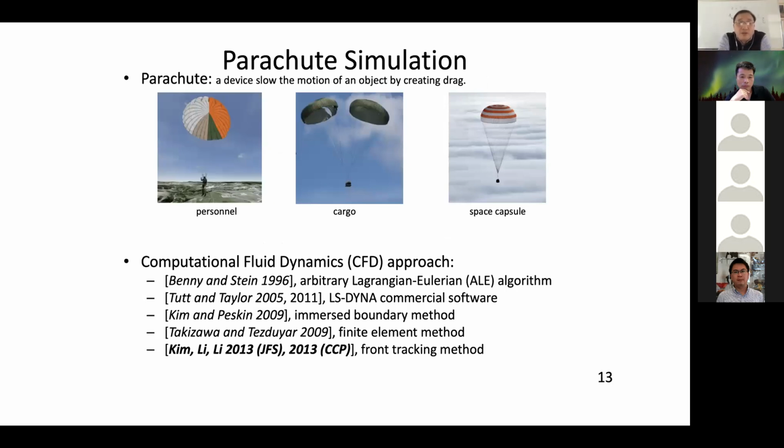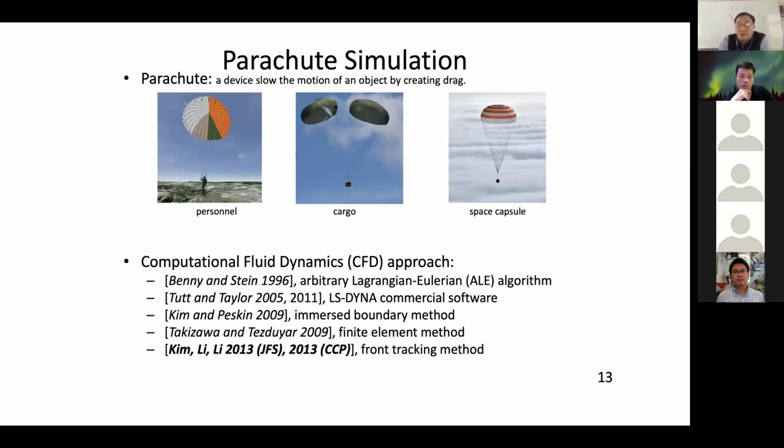And I would like to mention several people who have worked on the parachute simulation for many years. We referenced their papers, and we try to learn from their methods. But our method is quite unique, and we are very different from them.